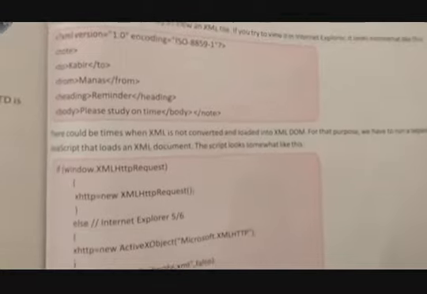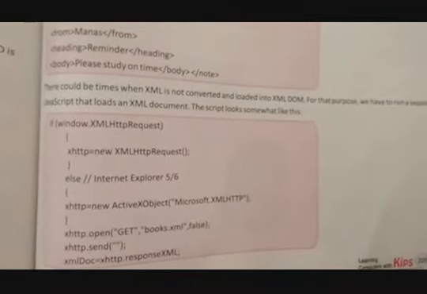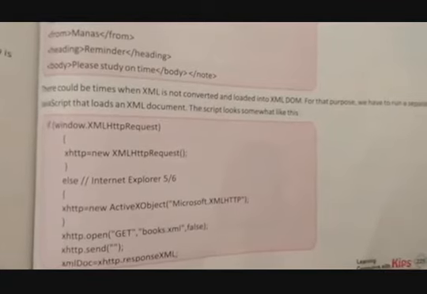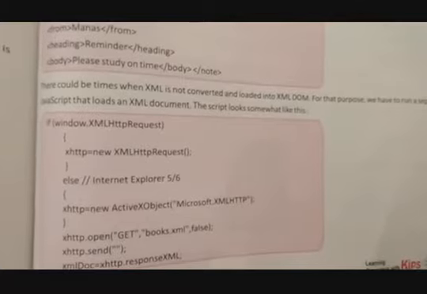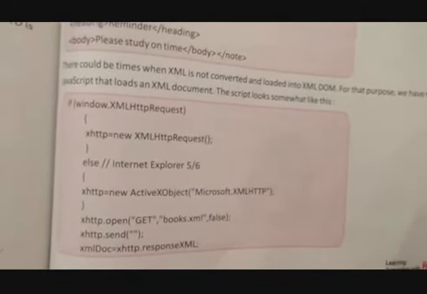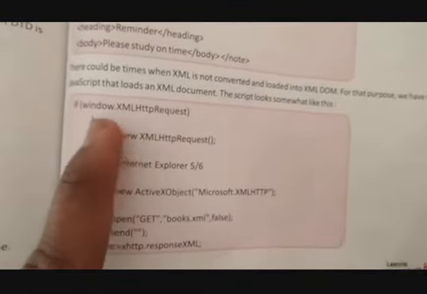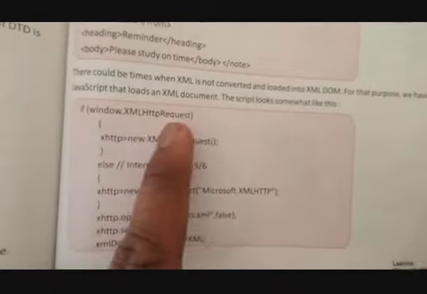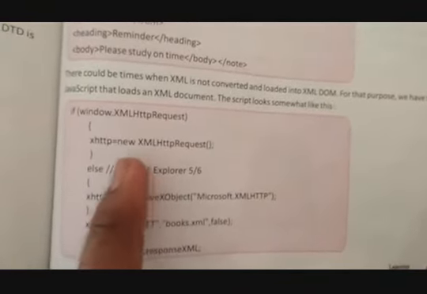So you can see that this is a JavaScript code that is used to convert XML content into XML DOM, that loads an XML document, and you can see the script is very easy to understand. This is a window.xml. This is the predefined function that is used to read, understand and manipulate XML contents.